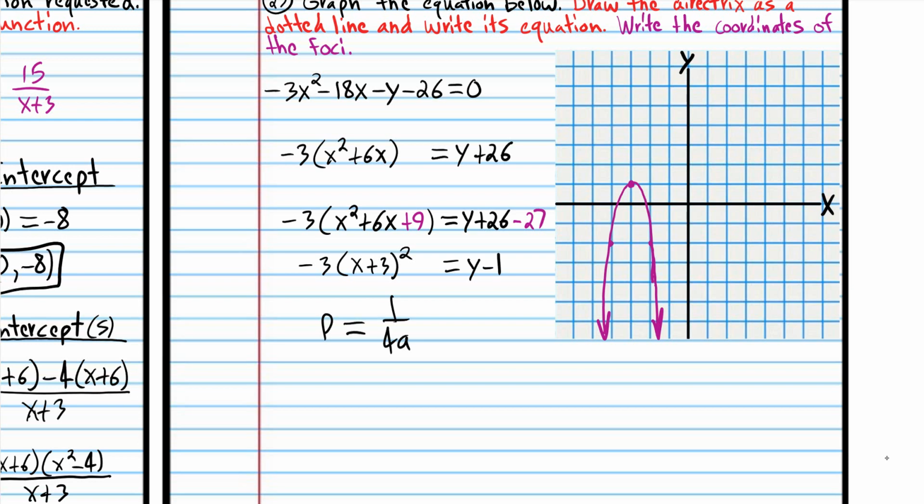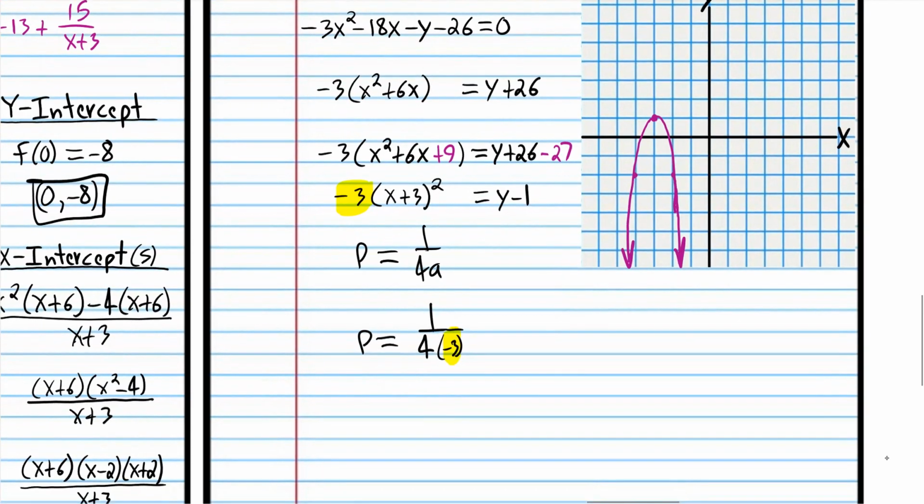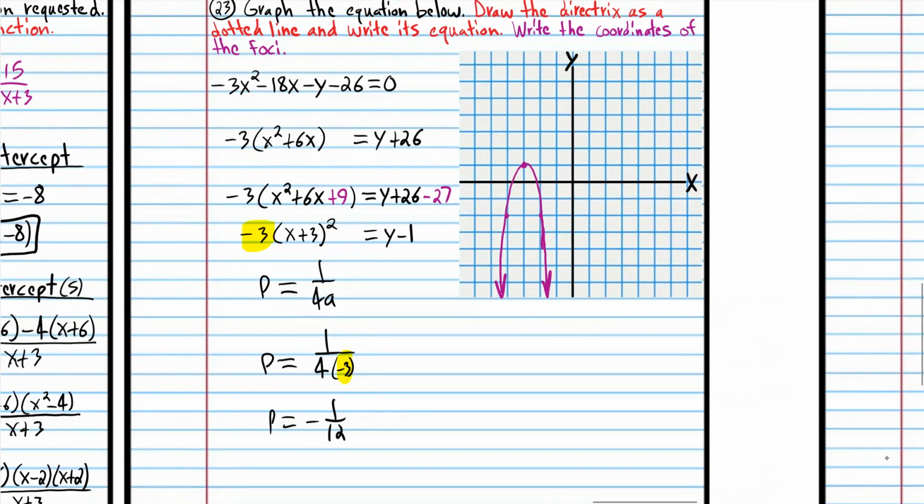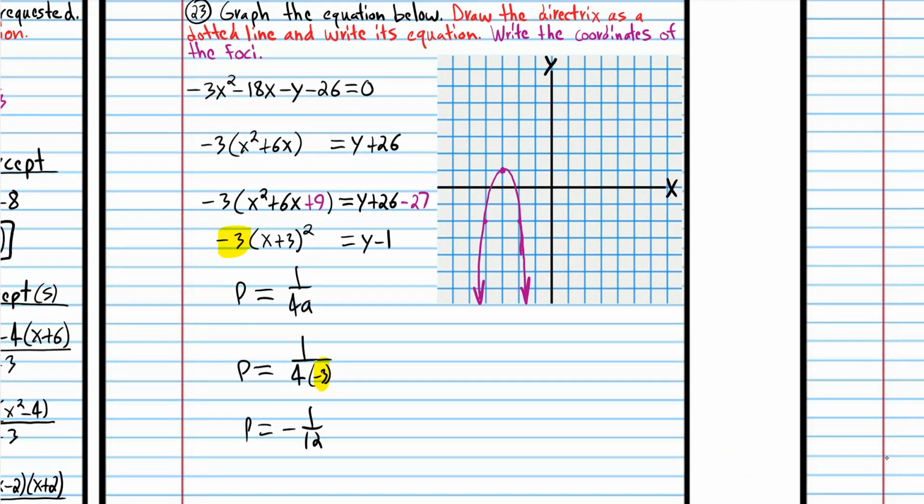And our equation is that, so all we have to do is plug in a. Now what is a? a is -3. That's that value there. So we get P is equal to -1/12. Don't really pay attention to the sign, that's not that important.